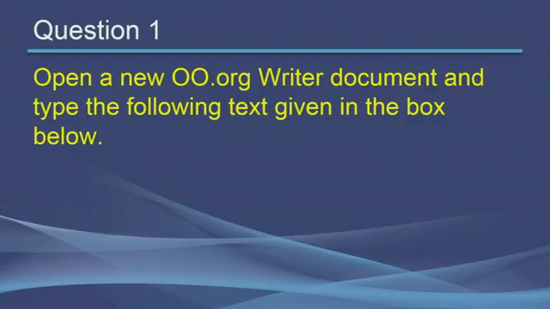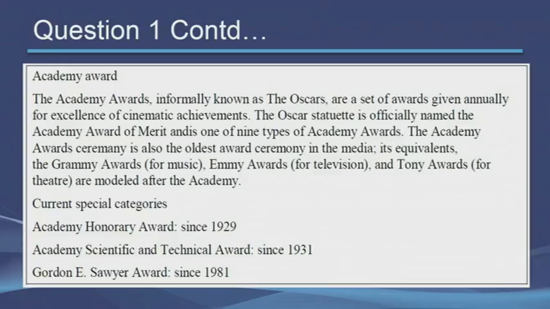In the first question, it was asked to open a new OpenOffice Writer document and then type the following text in the box given below. So the text is here. You have to type this using OpenOffice Writer software. Let's see how to do that.